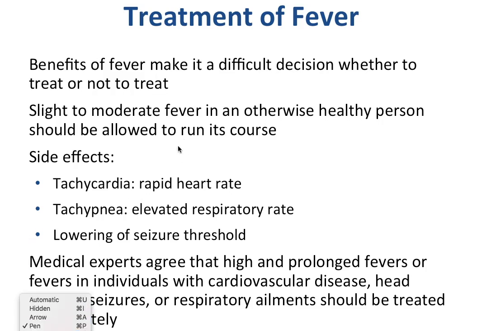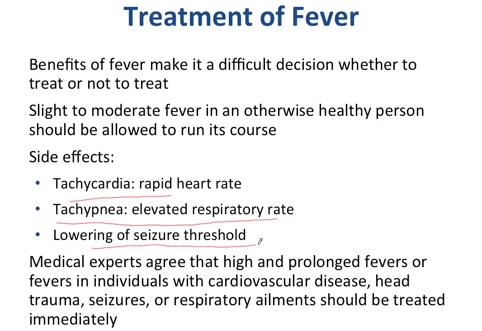Okay, tachycardia. Tachypnea, that means increased respiratory rate. Also, fever can cause damage to the nervous system, can induce seizures. Okay.